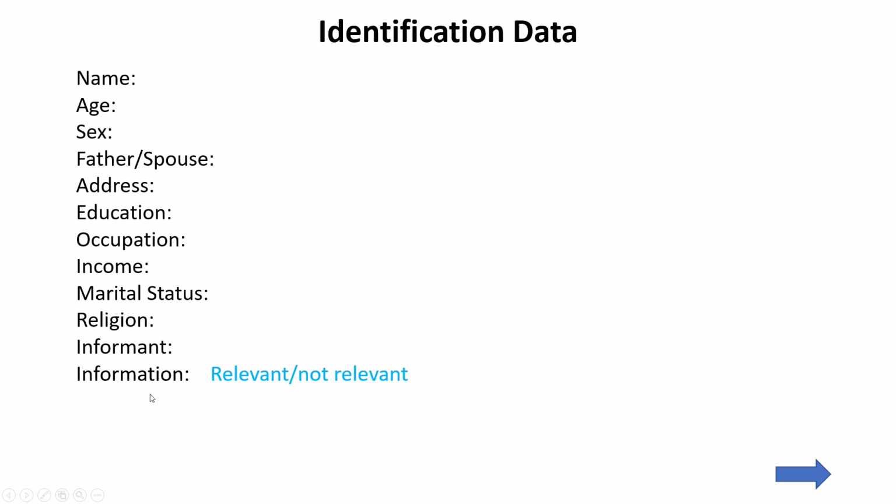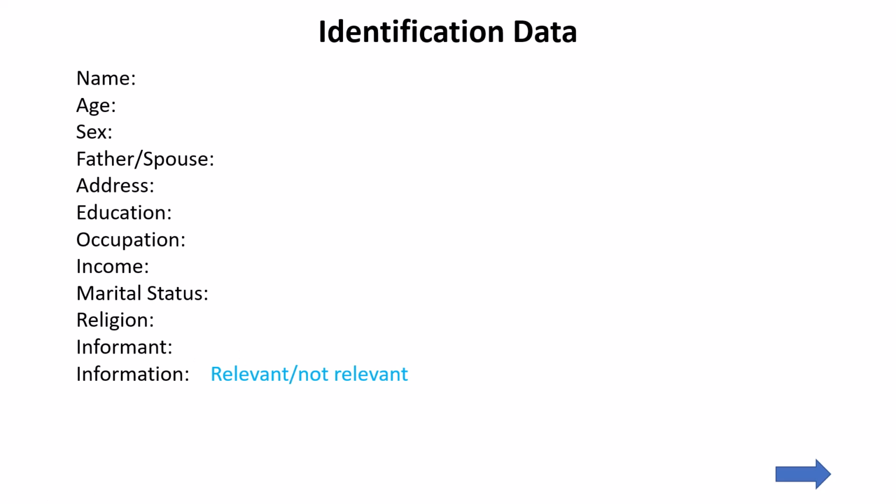Then, the information we are getting from the informant, whether it is relevant or not relevant to the patient's condition, that we also have to mention. Because if friends are taking him to the hospital, sometimes they may not know the patient's past experiences. They may only know the current situation and give only current information. So that time it is not relevant.